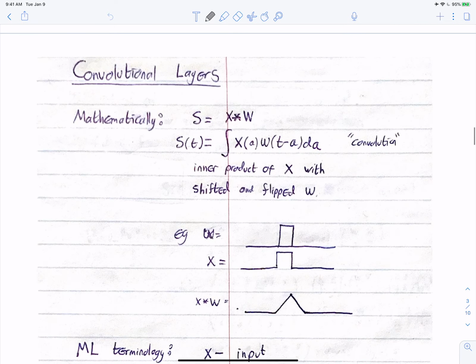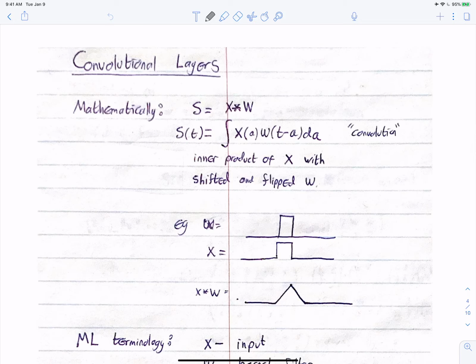Okay. So now that we know what an image is, we can think about what is a convolution and a convolutional layer. So let's start mathematically. We might say that we have this convolution, S is equal to X convolved with W. And the formal mathematical definition of this in terms of an integral is that the value of s at input t is the integral over all a of x(a) times w(t minus a) da.